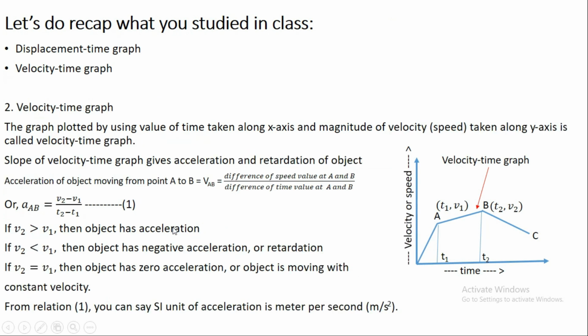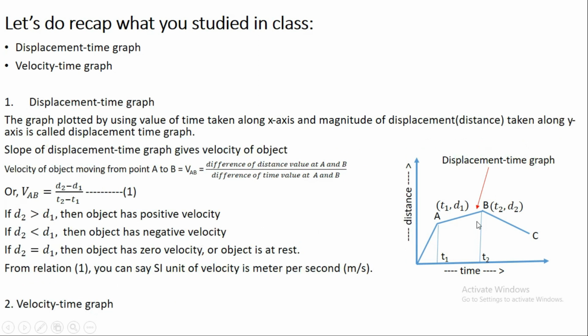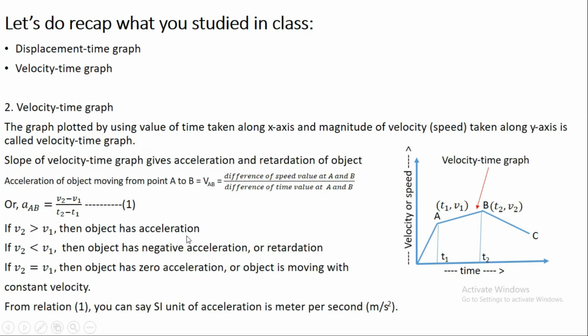And if the velocity time graph is parallel to the x-axis, in that case acceleration is 0. When acceleration is 0, the object is moving with constant velocity. But when velocity is 0, the object is supposed to be at rest or not moving. In this way you can understand the velocity time graph.